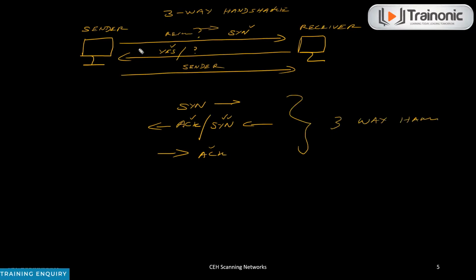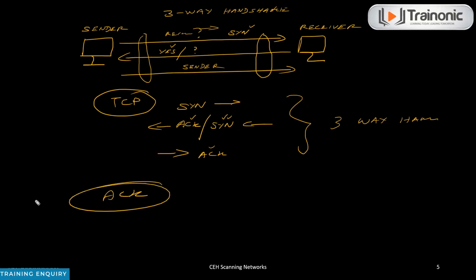This communication is done for connection establishment based upon TCP, not UDP. If the connection is established successfully, after that, the sender is going to send the data. That's how the SYN and ACK work.